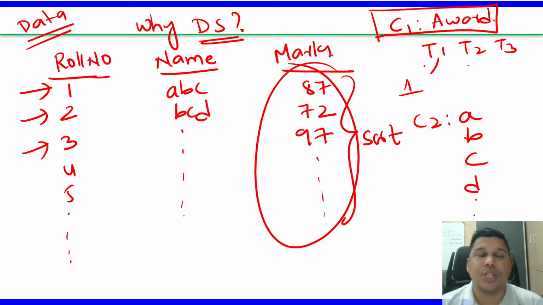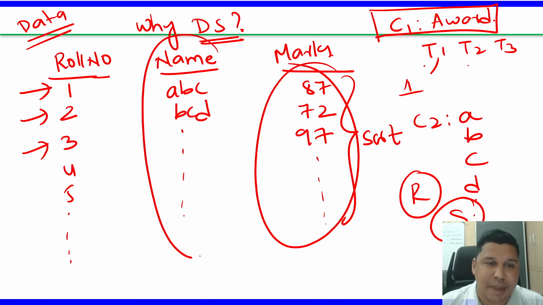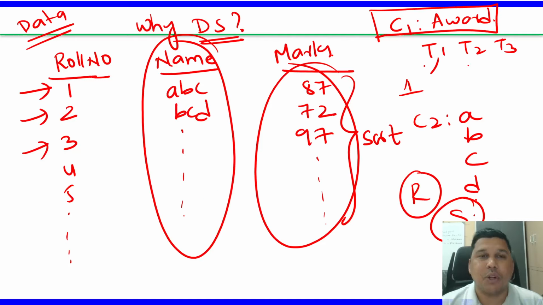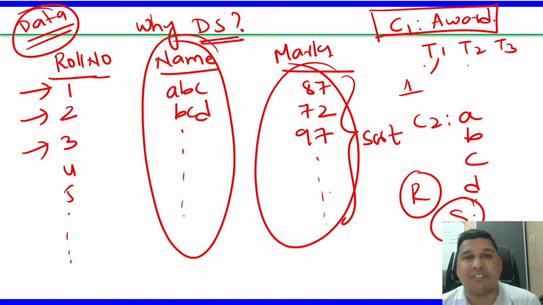So the question here is: find out most of the students' starting alphabet is which letter? Is it S? Generally we see S, R, and we have many people with these alphabets. So I want to find out, in this name column, among the students data I have with me, for each alphabet how many students there are with their name beginning with that alphabet.